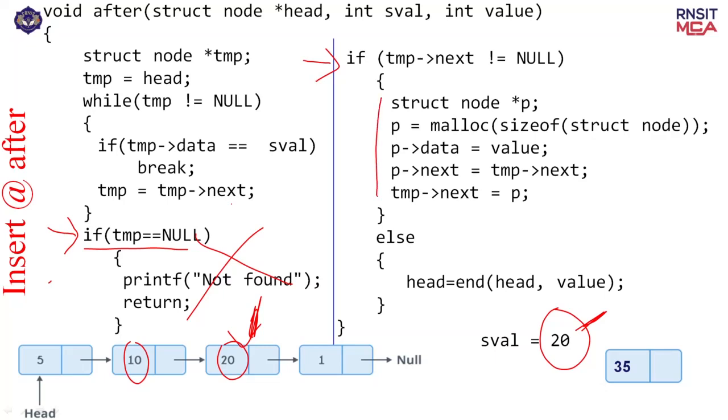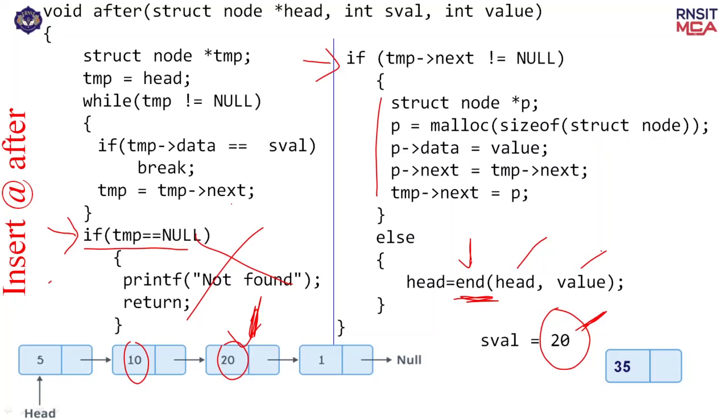If it is pointing to the last cell, you can directly call a user defined function, where it is called end. You pass the head and value, and automatically the node will be inserted at the end. So yesterday what we have discussed, that is the one. And so it is not at the end, it is in between 20 and 1.